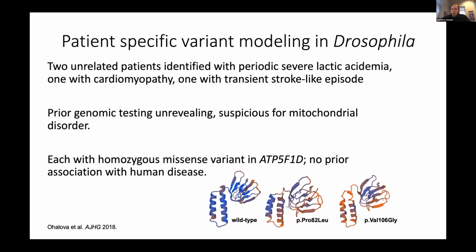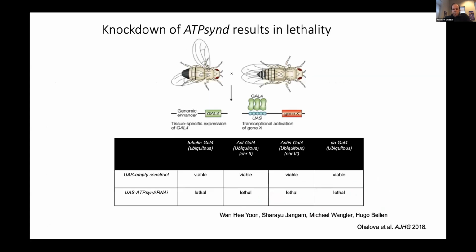And we sort of modeled the predicted protein structure as shown here, and then asked our colleagues at the model organism screening core if they could model these variants. And so they looked in the Drosophila genome, and indeed these variants were conserved through Drosophila, and the gene ATPsynDelta was the Drosophila ortholog.